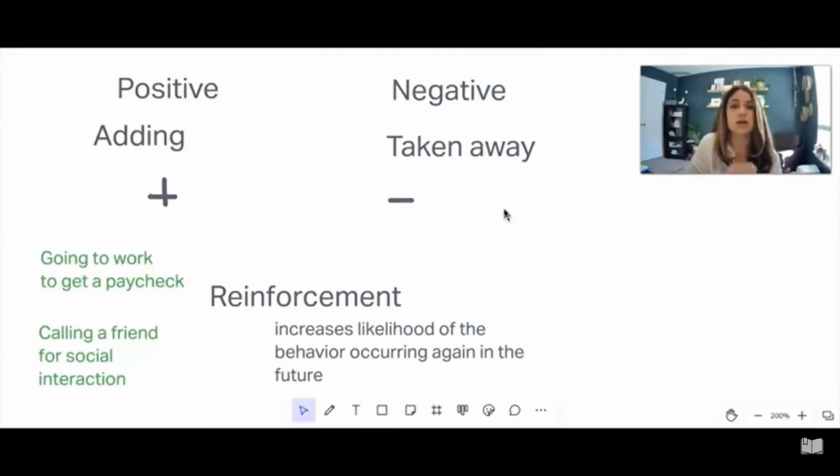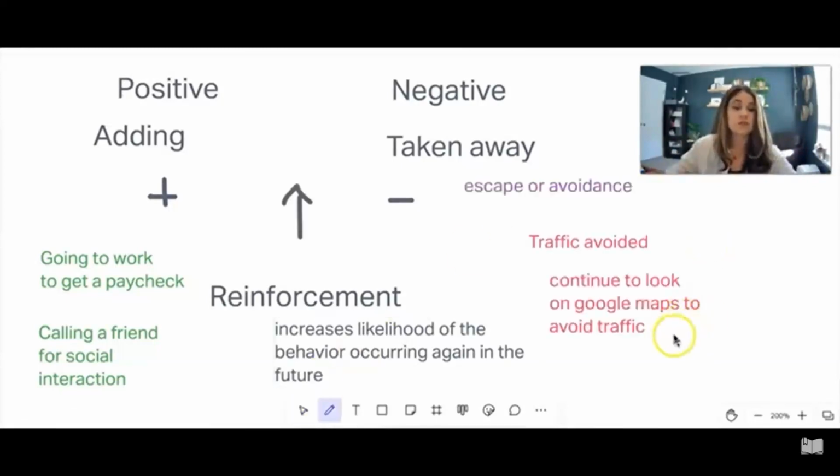Likewise, if we're on a road trip and we get stuck in that traffic, we might decide to pull out our map and then escape the traffic. So escaping or avoiding something, the aversive stimuli or event that we are removing or getting rid of, that is the negative piece. So we're going to continue to look on Google Maps, that's the behavior, to hopefully avoid the traffic.